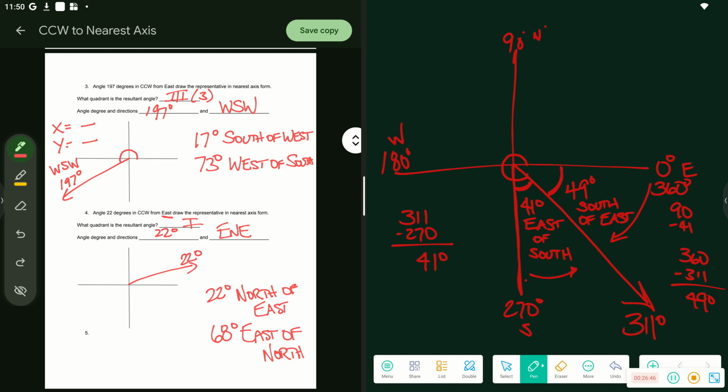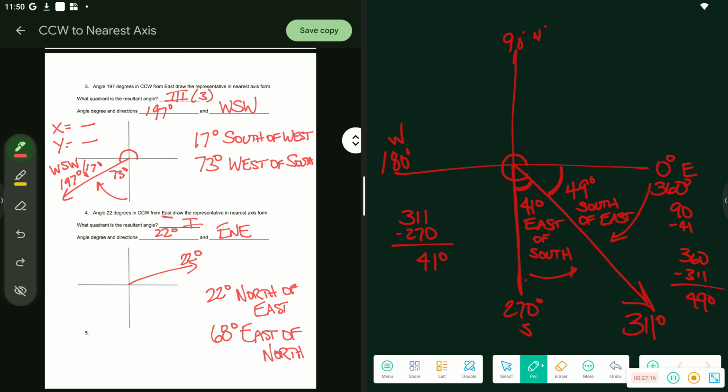And then if you have to describe the angle in the quadrant, if you're moving westerly, you are 17 degrees south of west. And if you're moving south, this angle is 73 degrees west of south, which tells you that you're moving more westerly than you are southerly.